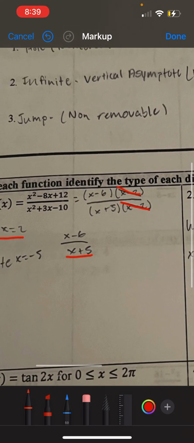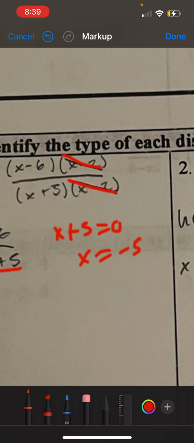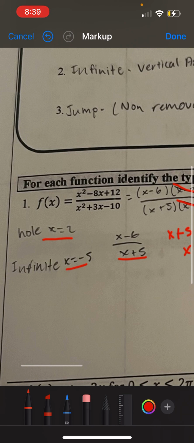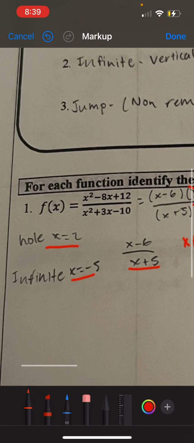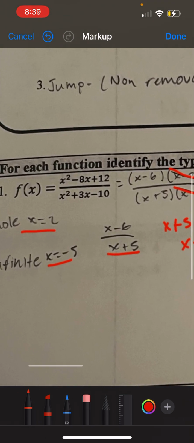You set it equal to 0, so it'd be x plus 5 equals 0, so then it'd be just x equals negative 5, which is what I got right here. And then to find the other point of the hole, you would just plug in 2 to the equation.